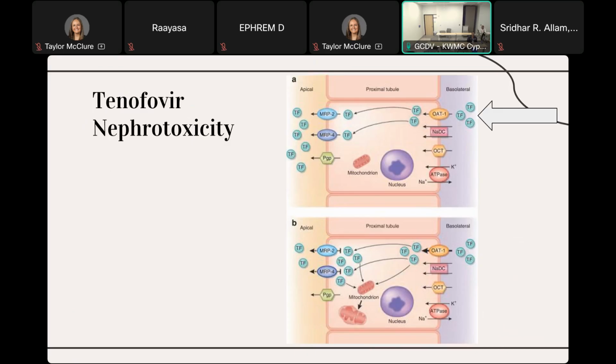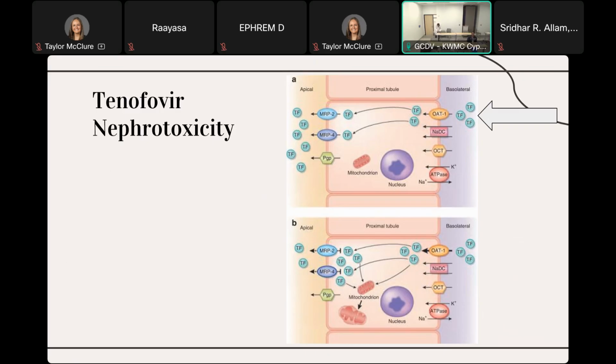So tenofovir is taken up into the proximal tubular cell by transporters called organic anion transporters, OAT1 and OAT3. These transporters bind the tenofovir and move it from the blood into the cell. From the cytoplasm, it is excreted into the tubular lumen by proteins called MRP2 and 4. MRP stands for multi-drug resistance protein, because these are involved in transport of a lot of other anions, not just tenofovir.